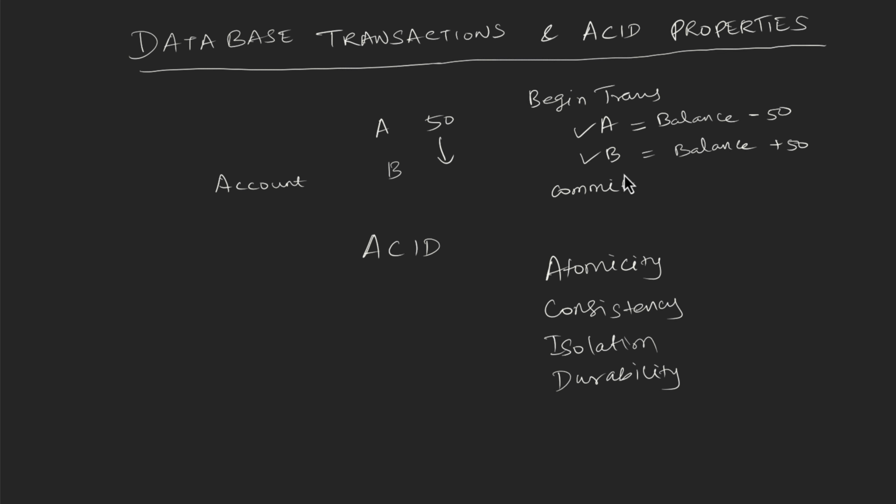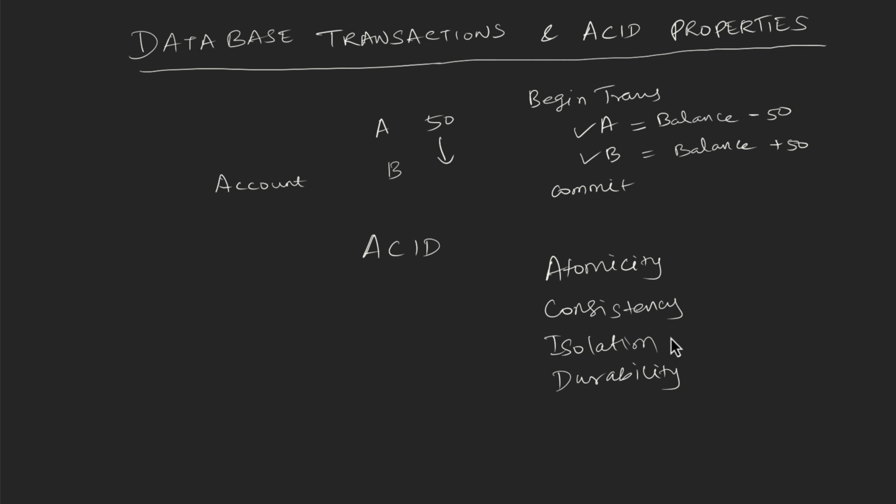Another way to look at this is, in case of this bank account transfer, we will not be in a state where money from account A is deducted, but it is not increased on account B. So we'll never be in that state. After a transaction has completed successfully, the data in all the records will be in a consistent state.